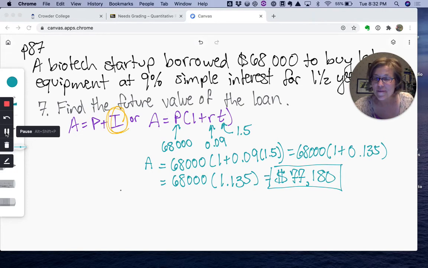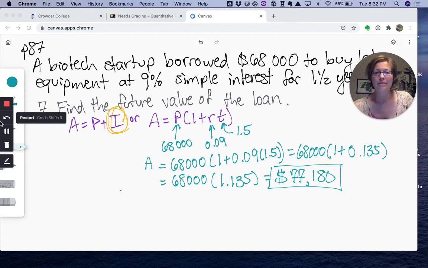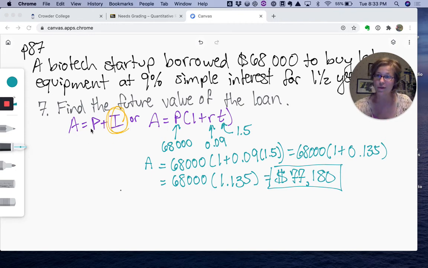How'd you do? Hopefully great. And if not, you can look at these steps and see if you can figure out where you went wrong and correct your path. Now this first formula, I didn't choose to use that because I don't know how much interest. I could find that. I could use the I formula, I equals PRT, and figure out I and then plug in the principal.